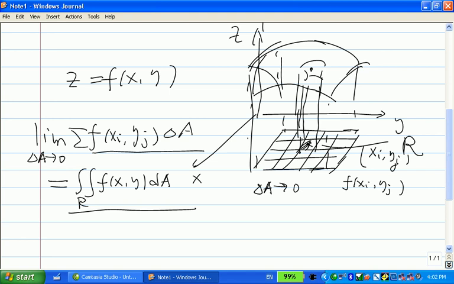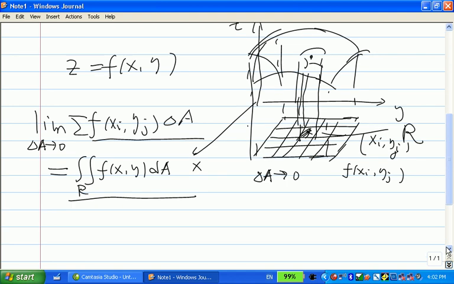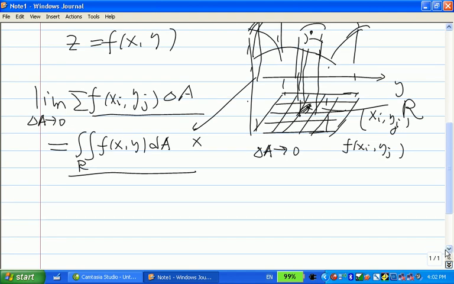After you take a limit, you will find the exact volume under the surface, which is the definition of the double integral. It's very similar to the single integral we learned before.